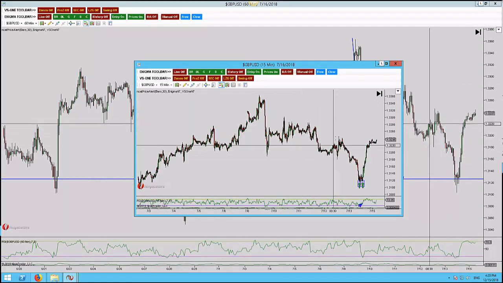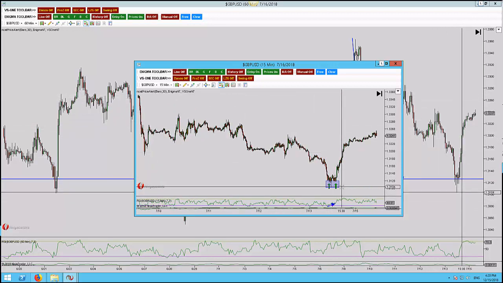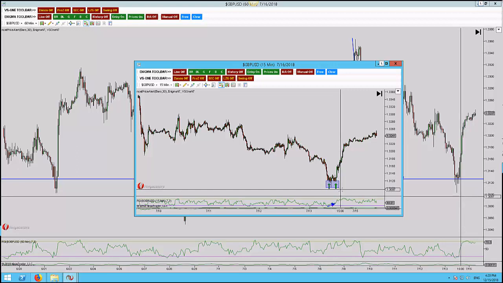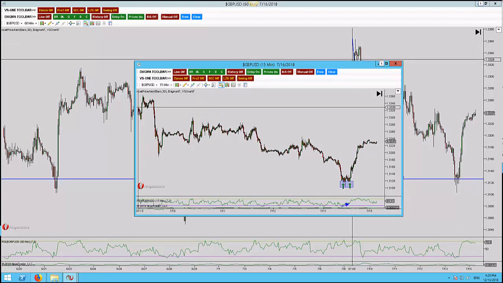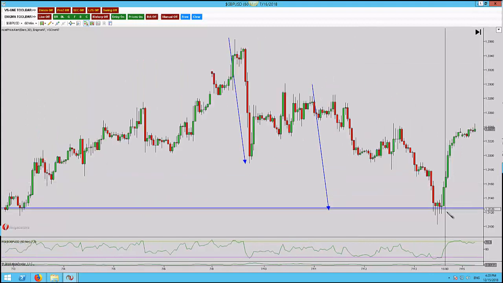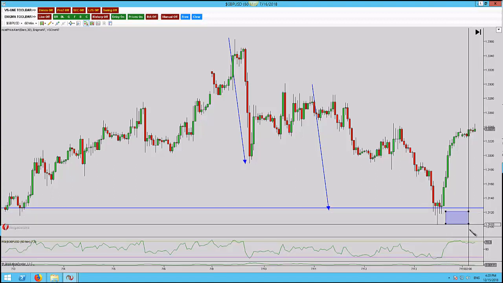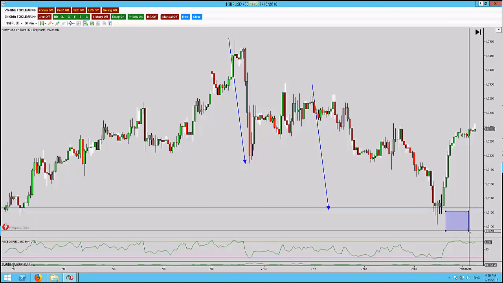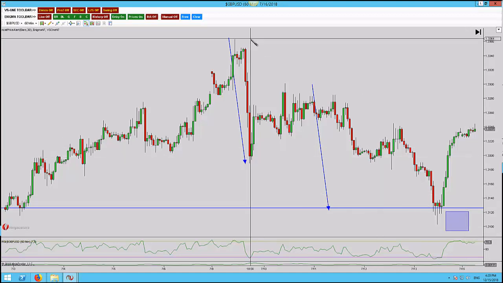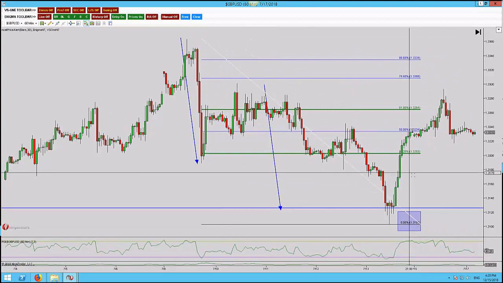Okay, so here on the 15, stops would have gone, well, because that psychological number just 5 pips below the low. So we would have entered in here because that was the retest on the 15, 5 pips below the psychological number, and then we would have been playing for fib targets, 38.2 and 61.8.